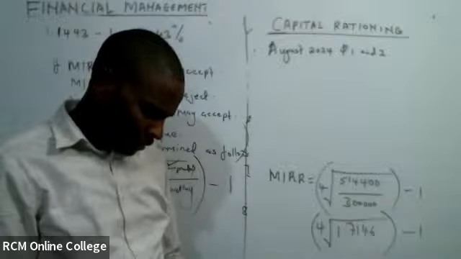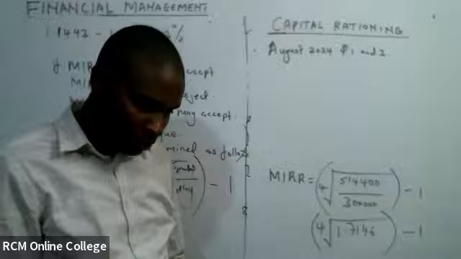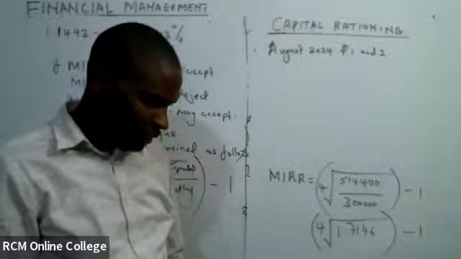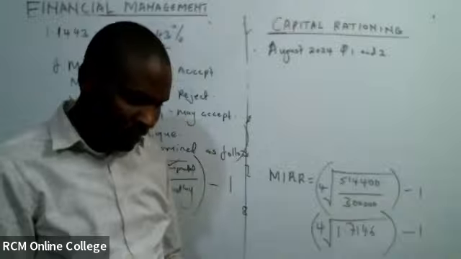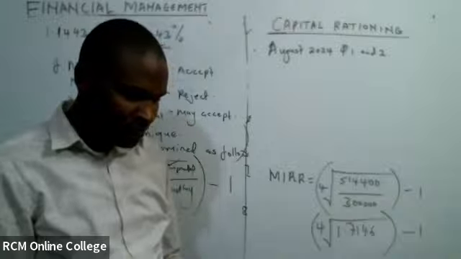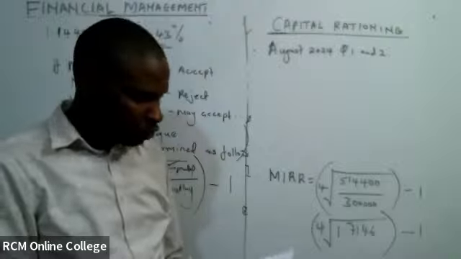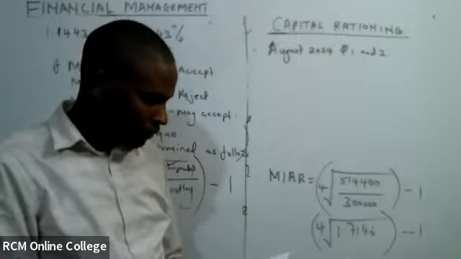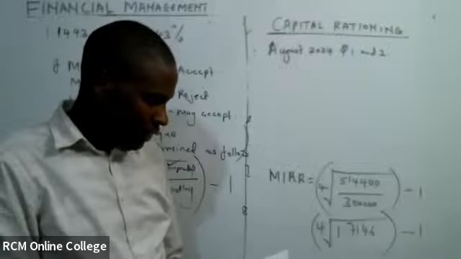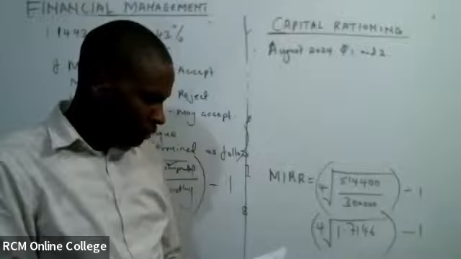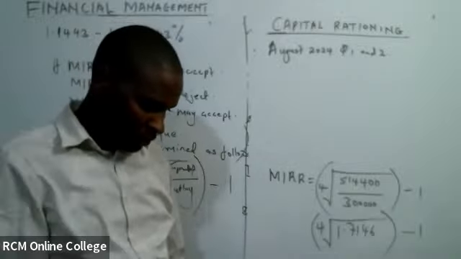Then as a group, make sure that you have at least a working group. Look at April 2024, question number 3. Fanya 2, 3. 3 iko sawa.